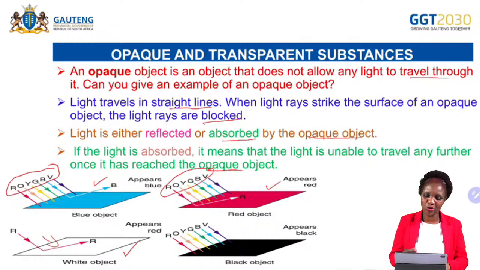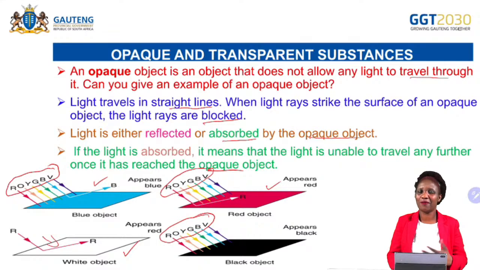And then let's look at black. All right. What happens when white light strikes a black object or a black surface? All the light is going to be absorbed. And if it is absorbed, what is going to happen? No light is going to be reflected to our eyes. And therefore, we will see the object as black.